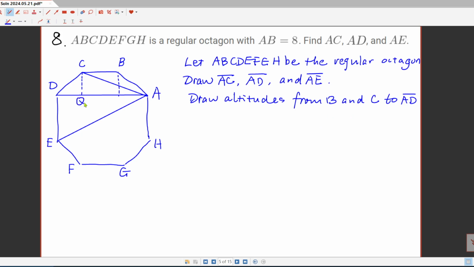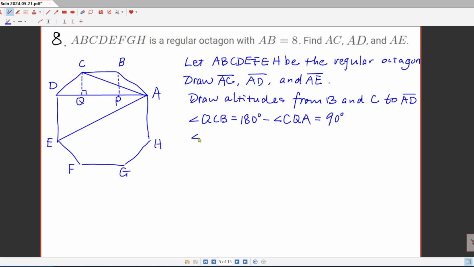Let's call these points Q and P here, and therefore we have angle QCB is 180 degrees minus angle CQA, which is also 90 degrees, right?